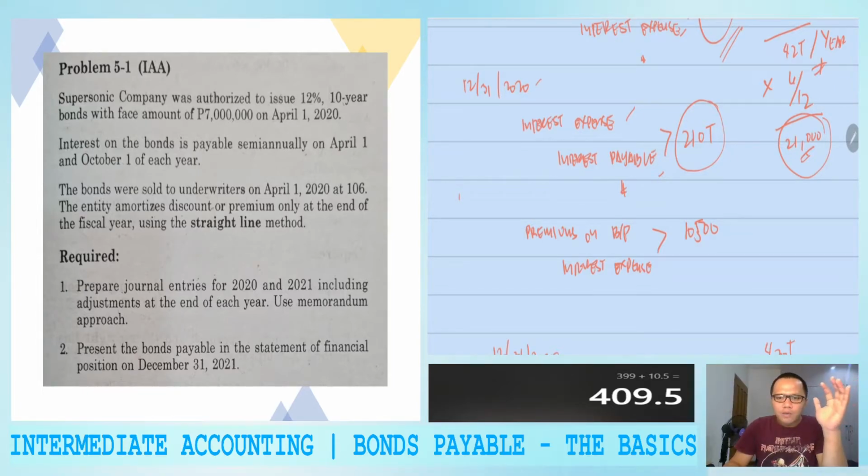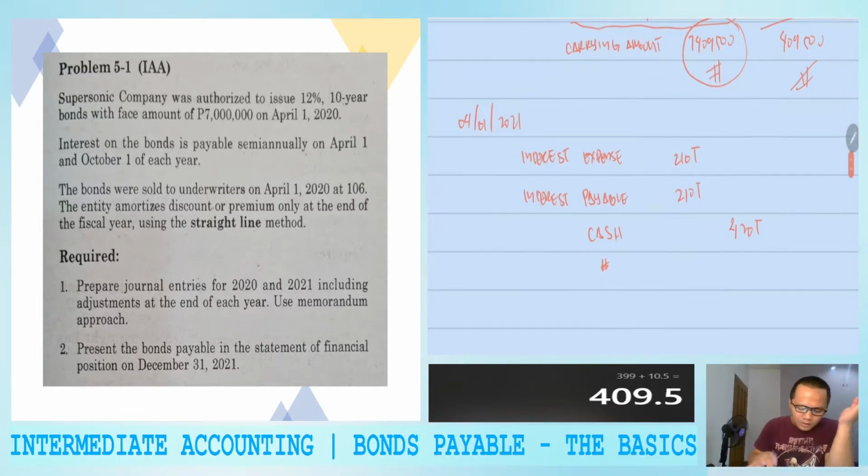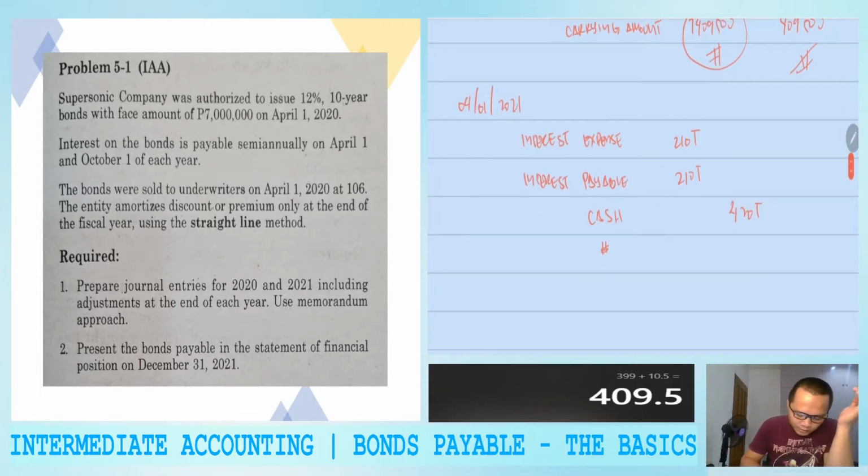But the cash payment is 6 months. So how are we going to recognize that? Interest expense, 210. Debit, interest payable, 210. Credit, cash, 420. Very easy.